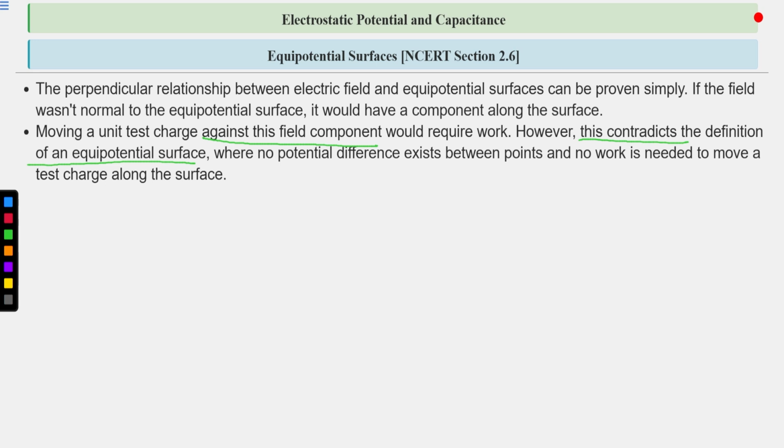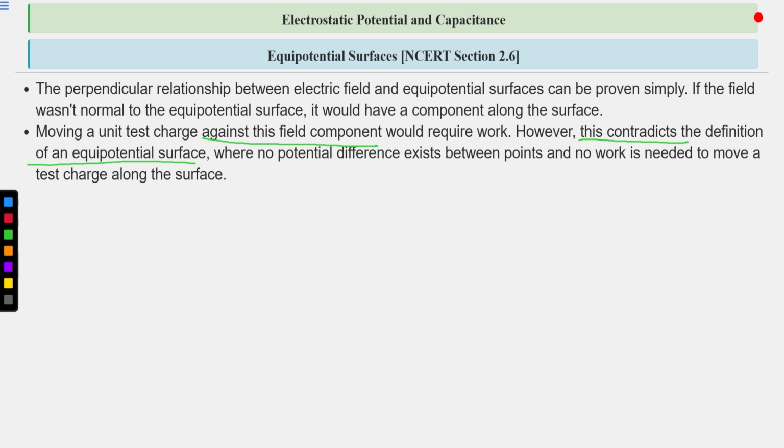But if the electric field is not perpendicular to the equipotential surface, then there will be a component along the equipotential surface. Now there is an electric field along the surface, and if we move a charge, this field will obstruct its path and apply some force. So now we have to do work.